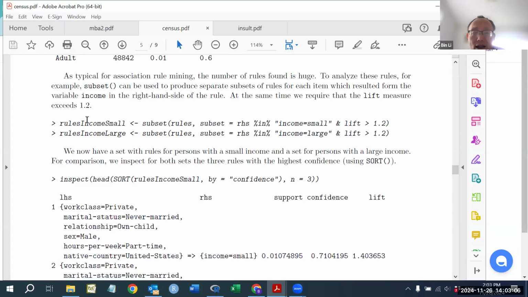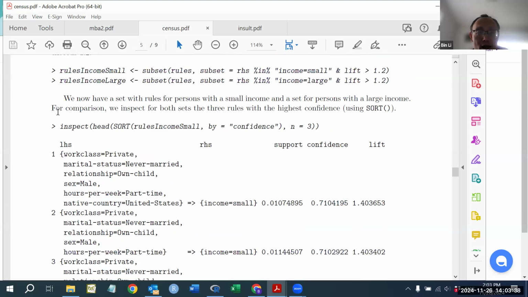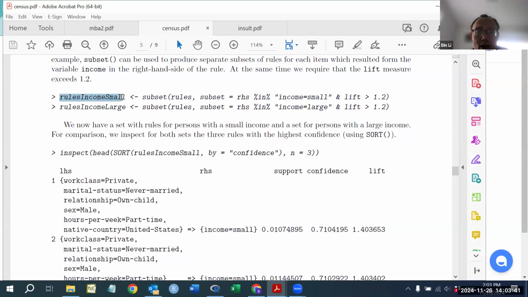We don't have to rerun the apriori algorithm; we can just use the subset function to find the subset of these 276,000 rules such that the consequent is about the income status. These are the rules for the low income group, and these are the rules for the high income group.